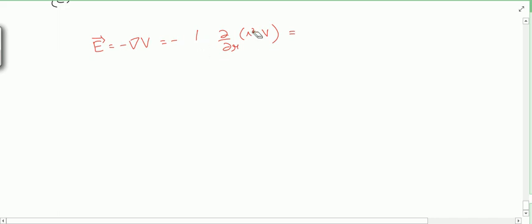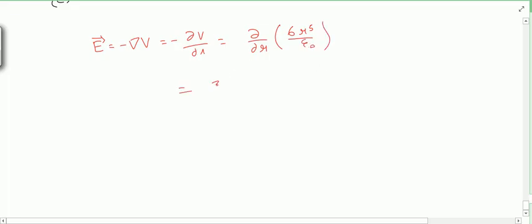So here also I have to remove this r factor, so it is just minus del V by del r. The minus is also there in V, so the minus sign will be gone, and the remaining thing will be del by del r of 6 r to the power 5 by epsilon naught.